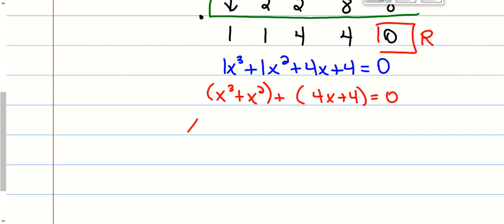Well, they have an x squared in common. When you factor out x squared, you're basically dividing. So x cubed divided by x squared leaves me with x. X squared divided by x squared totally cancels out, but I can't just leave it blank. So when something cancels out, it reduces to 1. So I have x plus 1 here, plus 4x plus 4 has a 4 in common on both sides. So I'm going to factor out a 4.